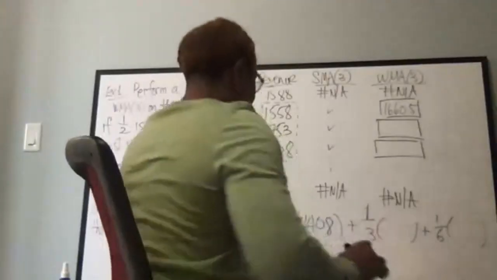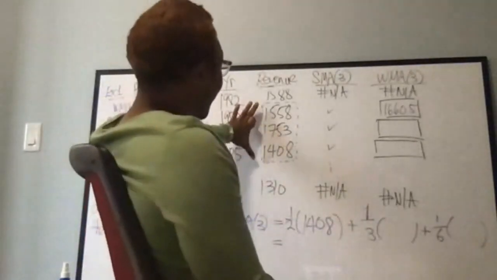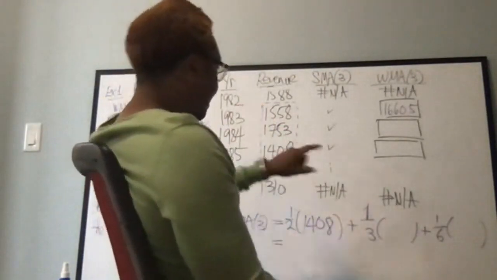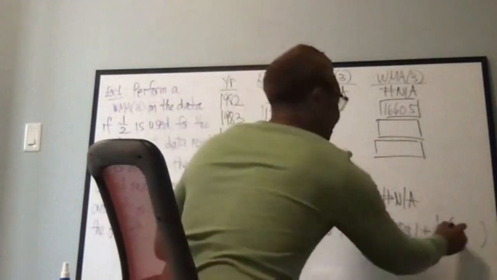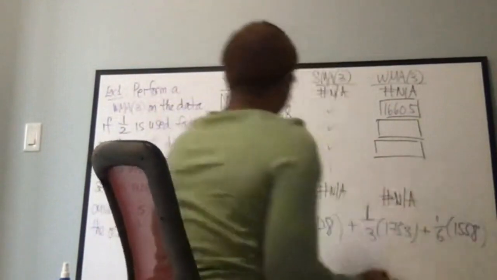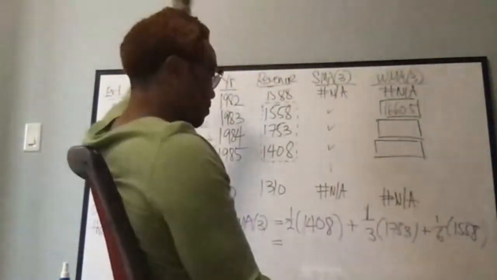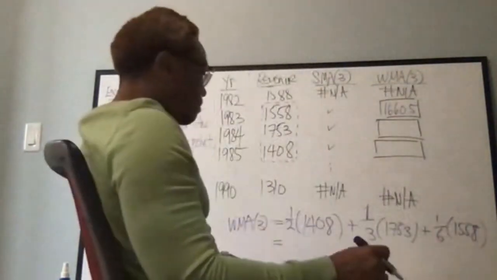Very good. 1408. And then everything else follows suit, because in this window, the most recent value is the 1408. Then it's going to be 1753, and then this is 1558, right? So now this 1588 that we had before is now out of the picture. It's gone now.